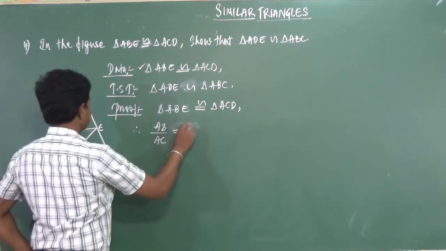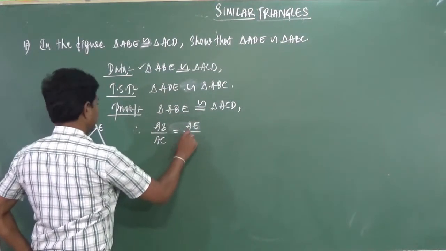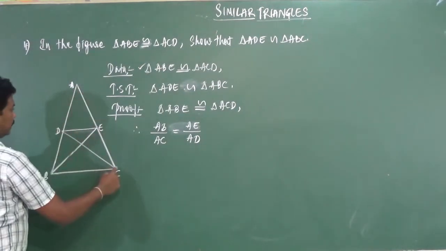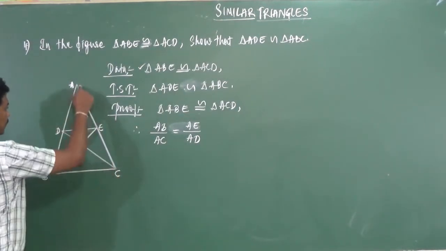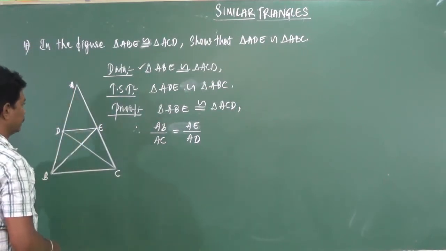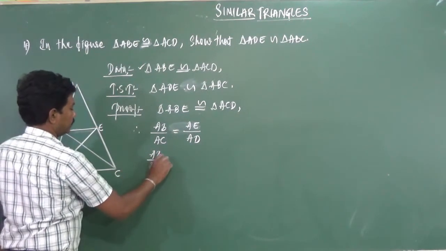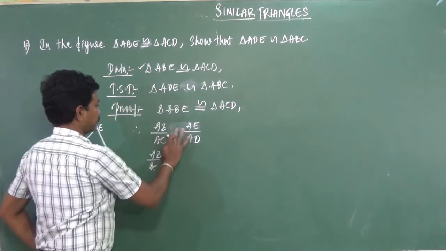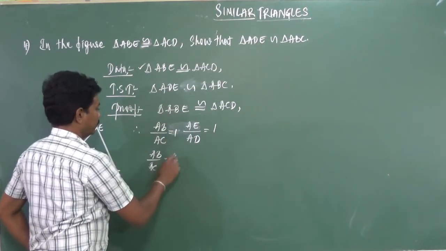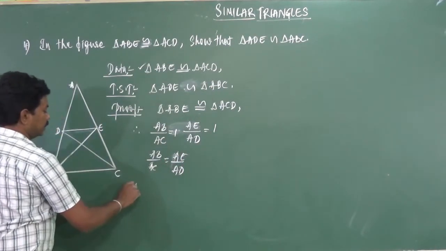That is AD by AE, or AE by AD. So AB by AC is equal to AE by AD, right? So these two ratios are equal, and each will be equal to 1. Therefore AB by AC will be equal to AE by AD.